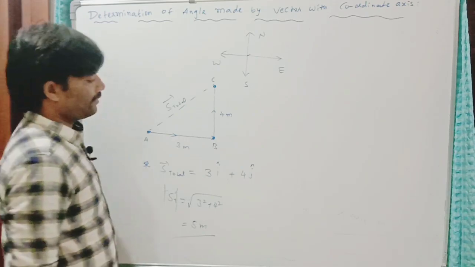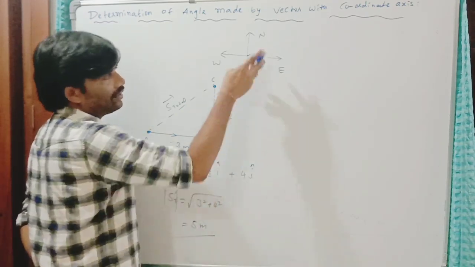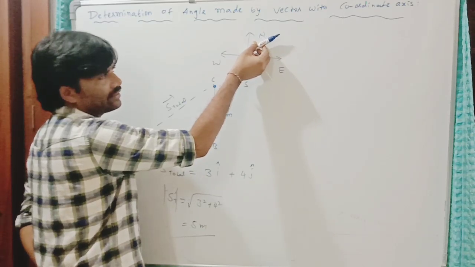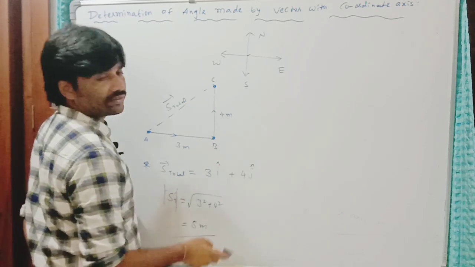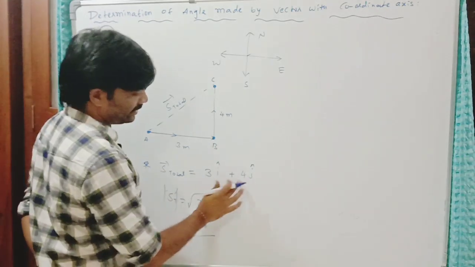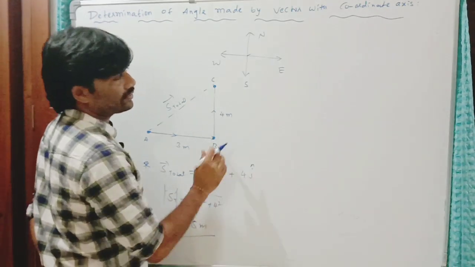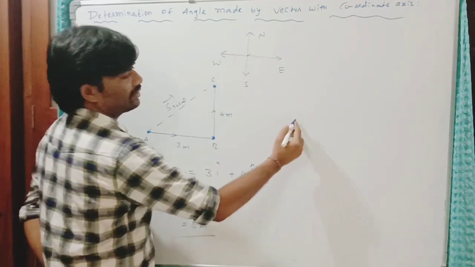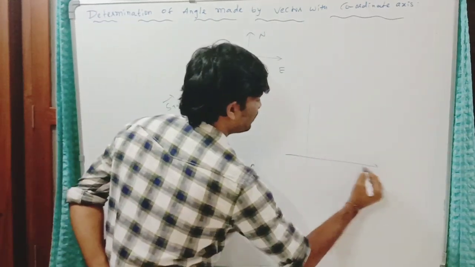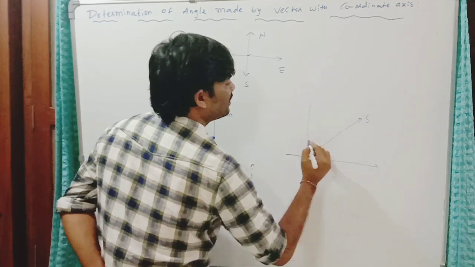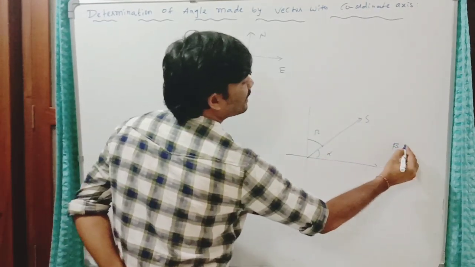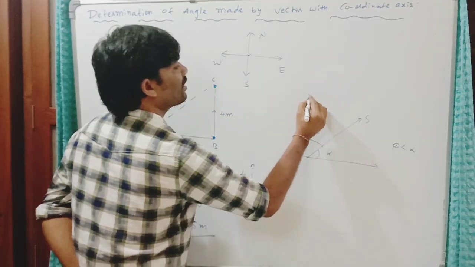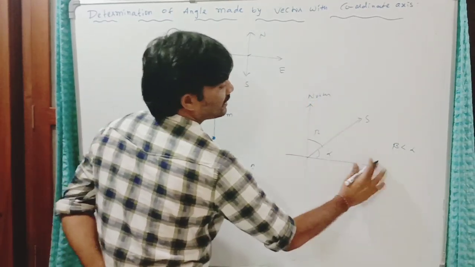No. If these two are equal, it will be middle of north and east, that is called northeast. But here you can see y component is greater, so it is closer to north. So if this is the total displacement, this is beta, here this is alpha. So beta is smaller than alpha, closer to north. This is east.